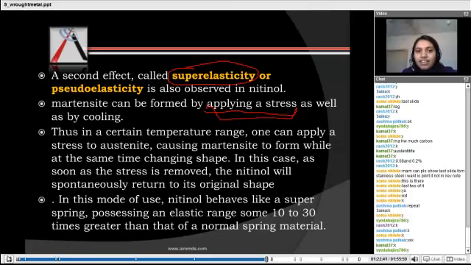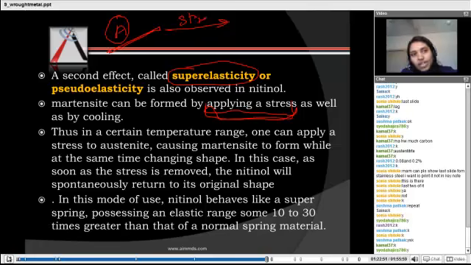Okay, but that is changing the temperature. The second effect, that is super elasticity, is done by applying stress, right? You all very well know that stress also results in changes in the property. So we have an austenite wire. We apply stress, it gets converted to martensite.